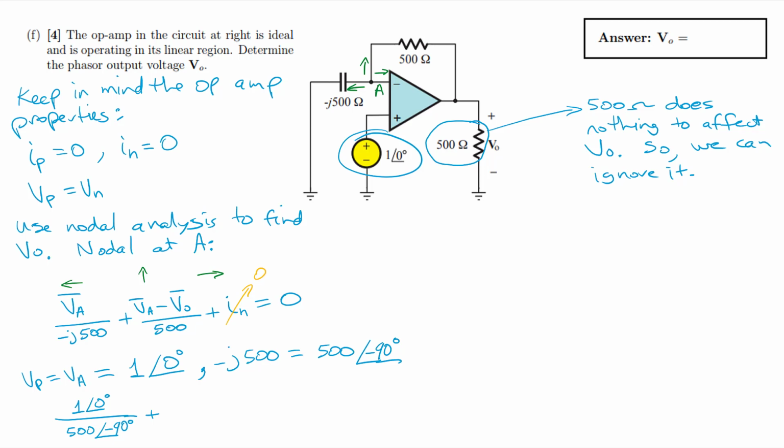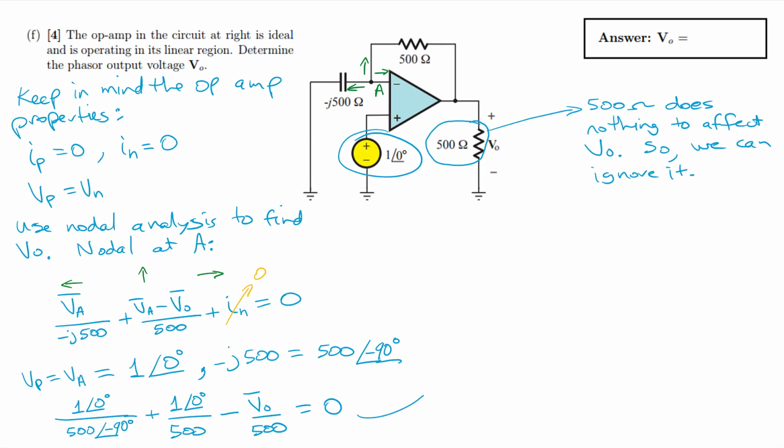We've got VA, phase angle 0 degrees, and I'm just going to divide that by 500, and then minus Vout, divided by 500, and that's all equal to 0.